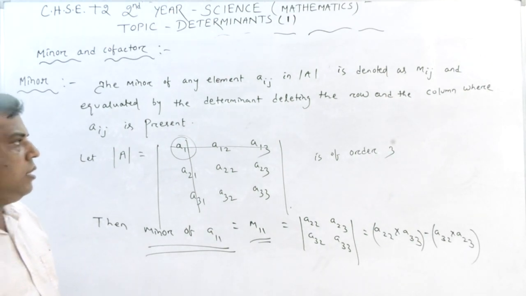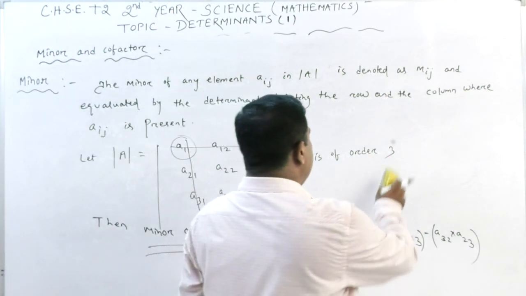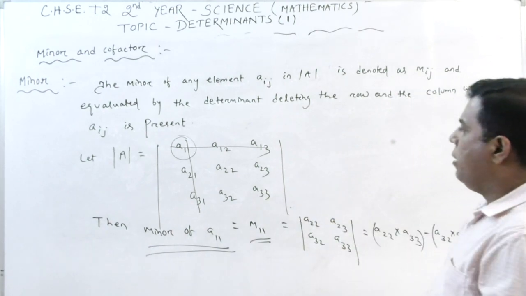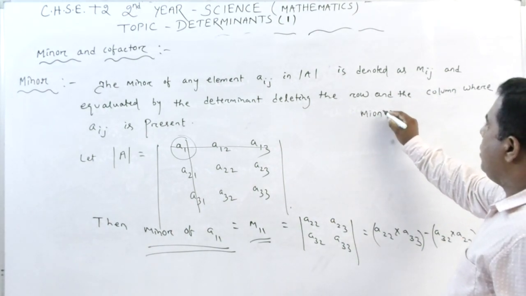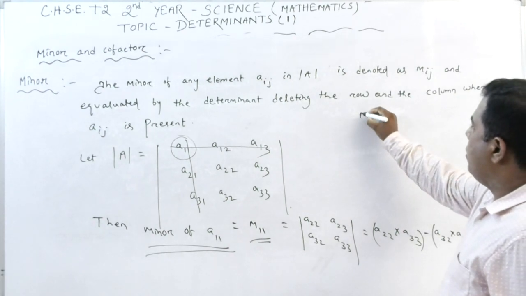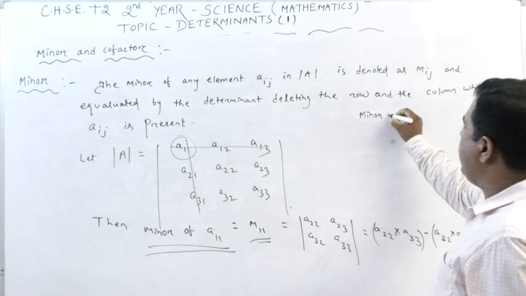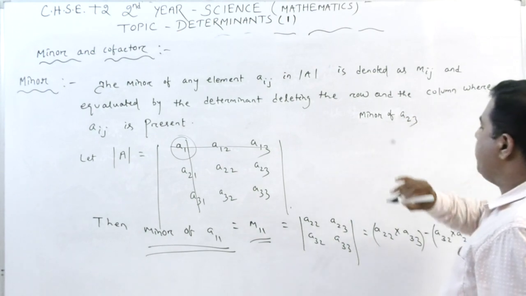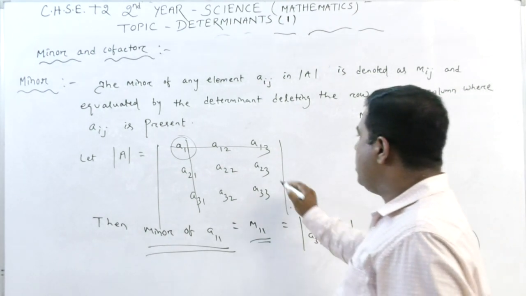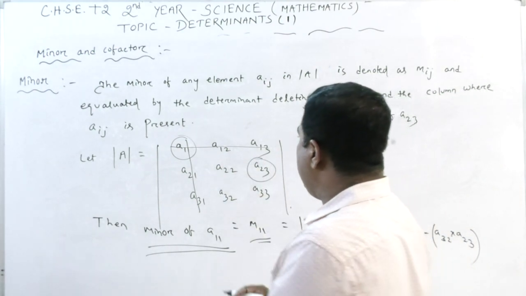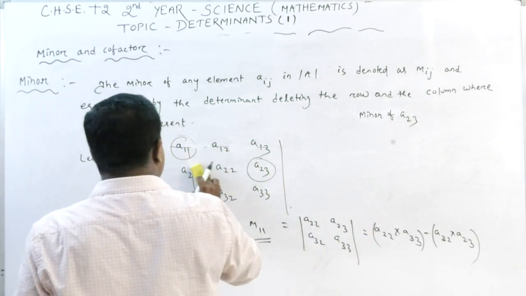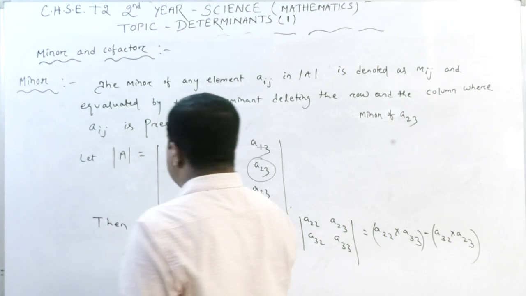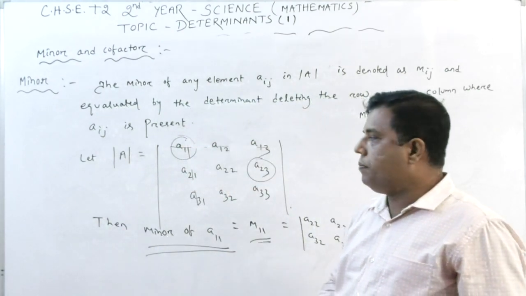Clear, dear students? Somebody asks, sir, please find the minor of A23. The element A23 is present in the second row and third column. How can we find the minor? Please think over it and tell me.